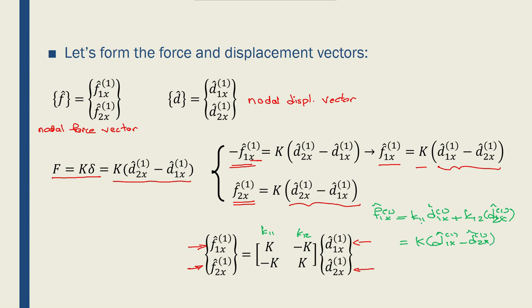And that's how I find k11 and k12, because this one should be minus k and this one should be plus k to make this happen.